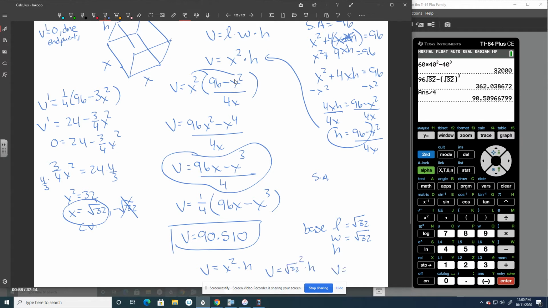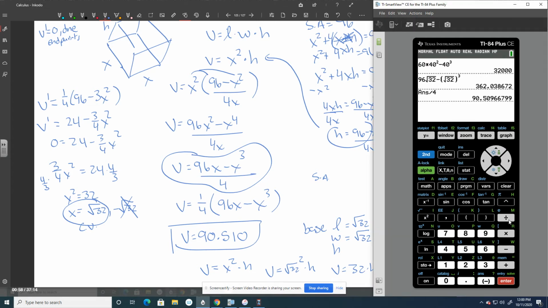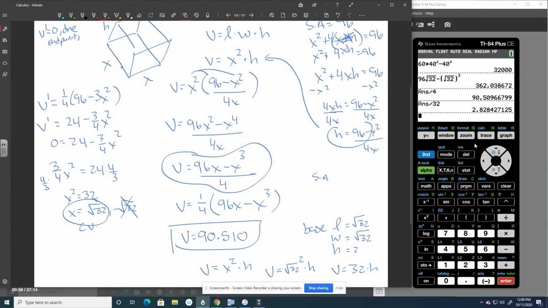So that's just volume equals 32 times h. So all I have to do is divide my volume by 32 to get my height. So this is my volume. I'm going to divide that by 32. And my height's going to be 2.828. So those would be my dimensions.